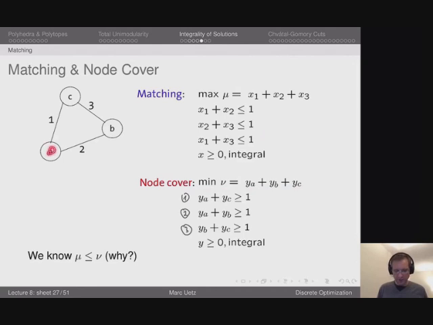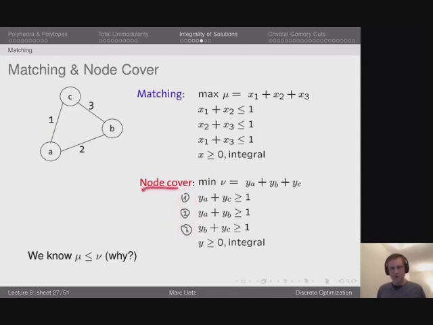So we will select A, B, or C, or several of them. We select a minimum number of nodes of the graph with the constraint that for each of the edges of the graph, for example, for edge number 1, we should select at least one of the two endpoints. So YA plus YC should be at least 1 just means that for this edge number 1, I should select either A or C or both. And that should be true for all the edges of the graph.